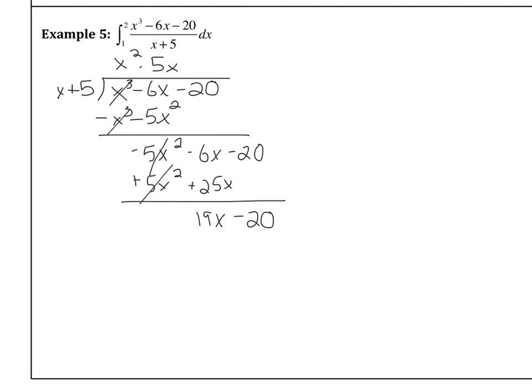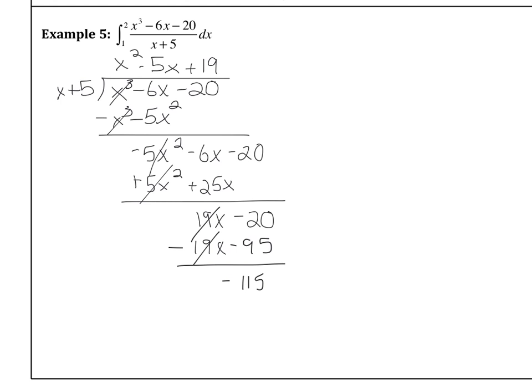Bring the negative 20 down, and we can go again, right? x into 19x goes 19 times, so we'll have 19x, and then 19 times 5. Let's see. Well, 20 times 5 is 100, so 19 times 5 is going to be 95. Okay, so then draw the line, change the sign, and combine. Goodbye, goodbye. And then that's going to be negative 115. Man, it's always the simple math, isn't it?